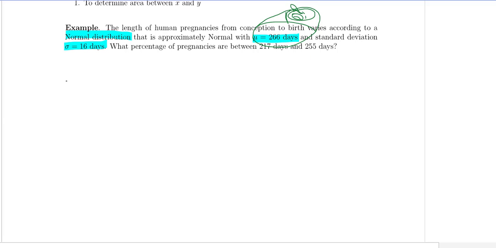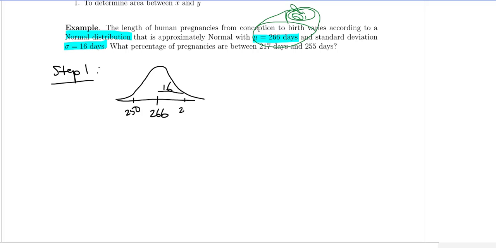So the first step to any of these problems I always suggest is for you to draw what's going on. So we know we have a normal distribution, which happens to also be approximately normal, with a mu of 266, and a standard deviation that is 16. I think in another video we said this was 250 and that this was 282. And now what is the scenario?